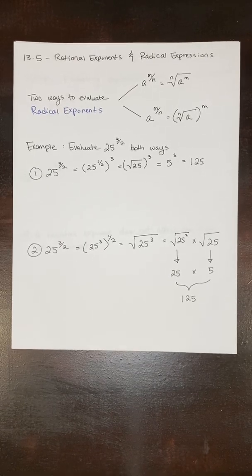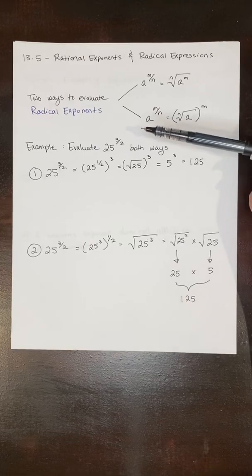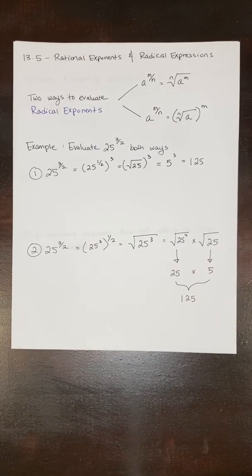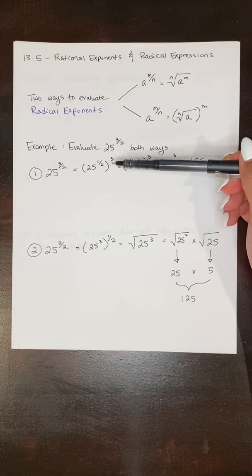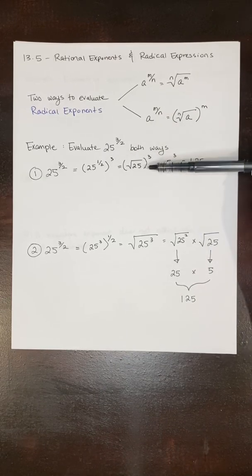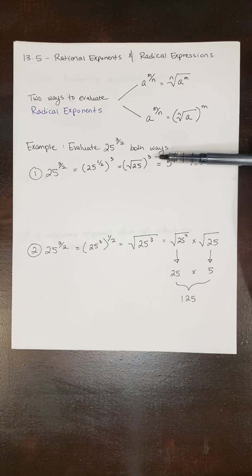Here we have 25 to the 3/2 power. First, we can take 25 to the half power, or square root of 25, and apply the 3rd power, which brings us to 5 to the 3rd power, or 125.